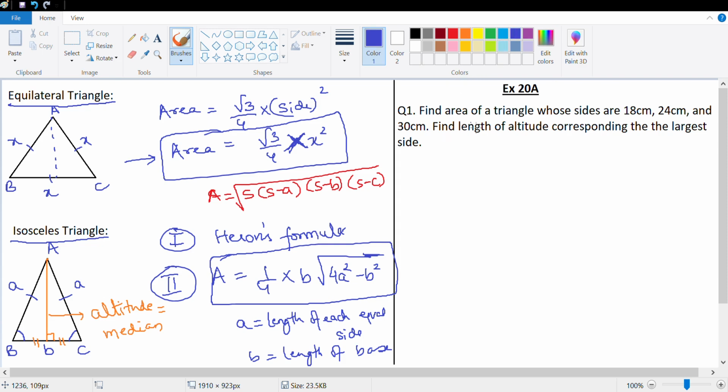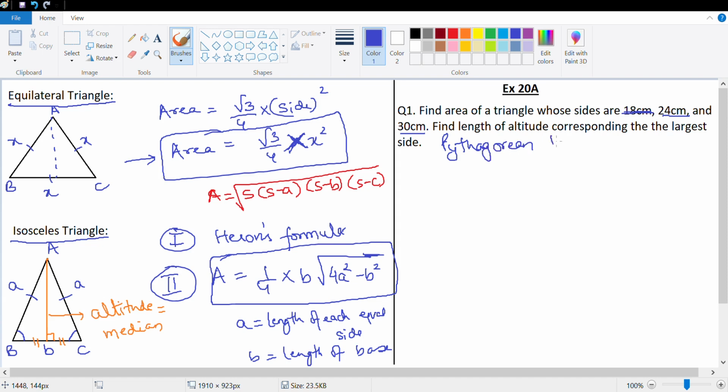Good. Question number 1. Find area of a triangle whose sides are 18, 24 and 30. Find length of altitude corresponding to the largest side. So let's look at this triangle. The sides are 18, 24 and 30. This seems to be a Pythagorean triplet. I hope you remember Pythagorean triplet. Pythagorean triplets are triplets which form a right angle triangle.